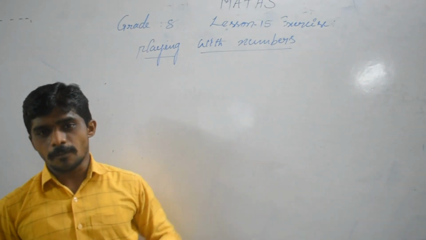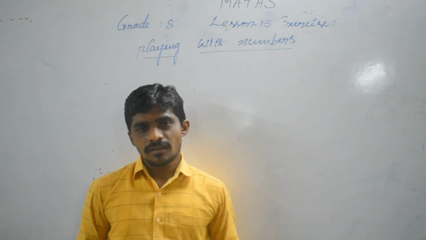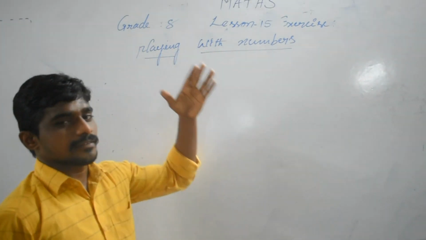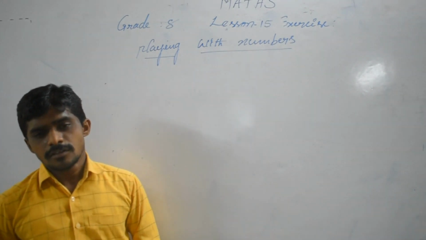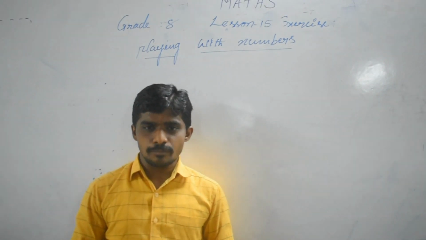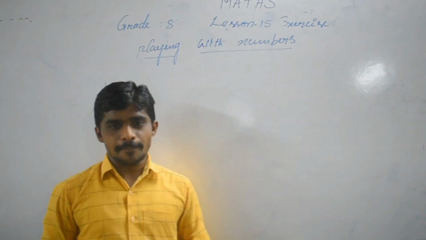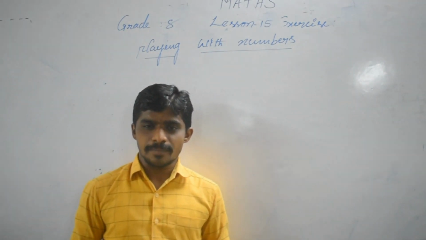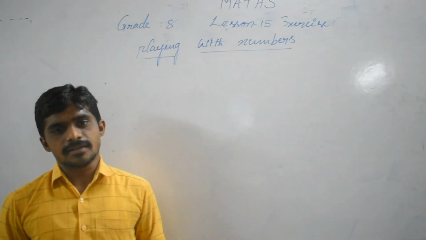Numbers we learned in earlier classes. Here, playing with the numbers, divisibility rules are very important. Any number, a large number or small number, a 2-digit, 3-digit, 4-digit, 5-digit number, any digit number.